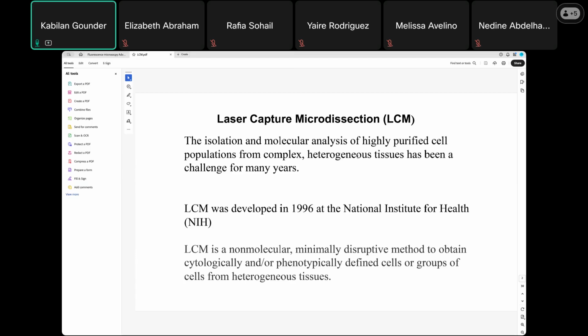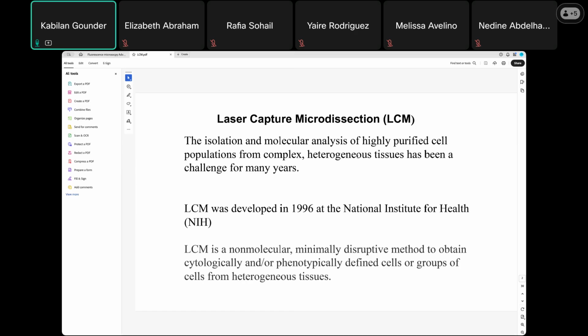The isolation and molecular analysis of highly purified cell populations from complex heterogeneous tissue has been a challenge for many years. When you collect biopsy samples, the sample is mixed with both healthy and infected cells, or healthy with cancer or tumor cells. To analyze them, we want to separate them.